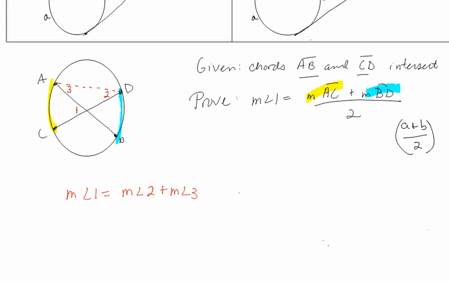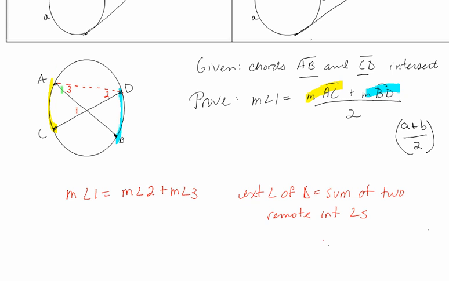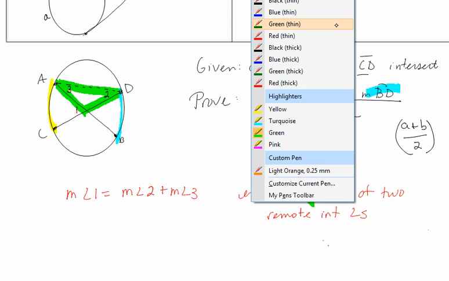The idea that the exterior angle of a triangle is equal to the sum of the two remote interior angles in the triangle. Just to be clear here, I'll highlight the triangle that we're talking about in green. Okay. Angle 1 is built off of the green triangle, an exterior angle, and it's equal to the sum of angle 2 plus angle 3. That gets us started.